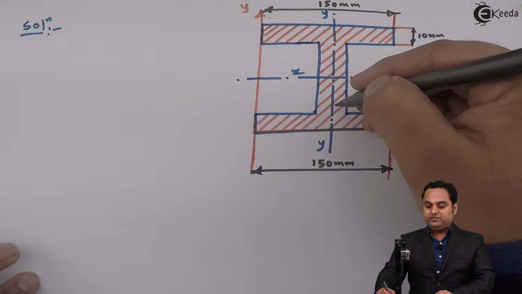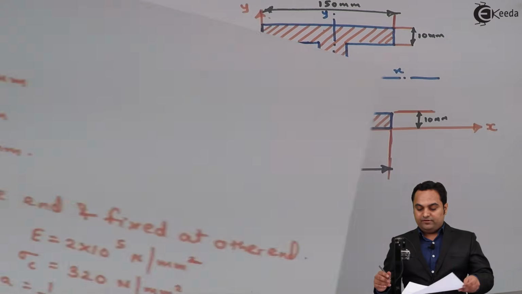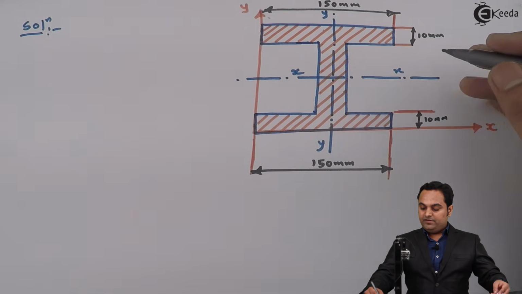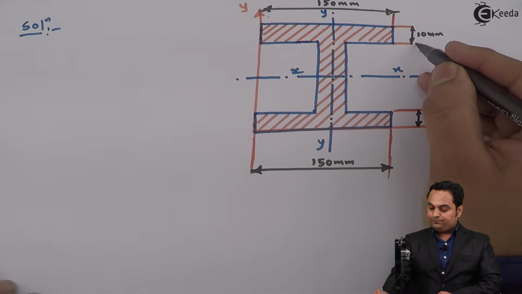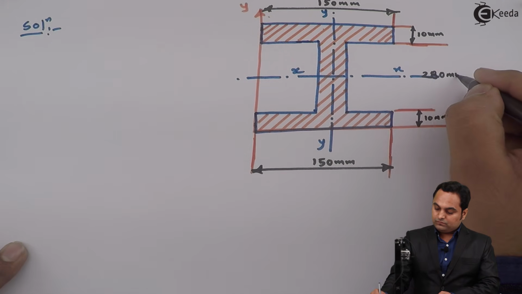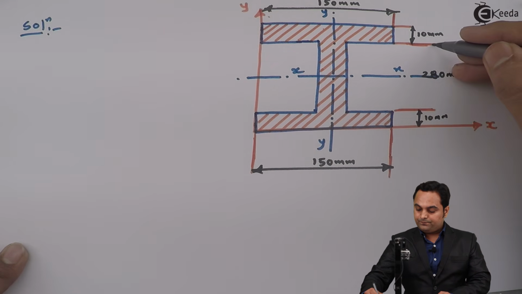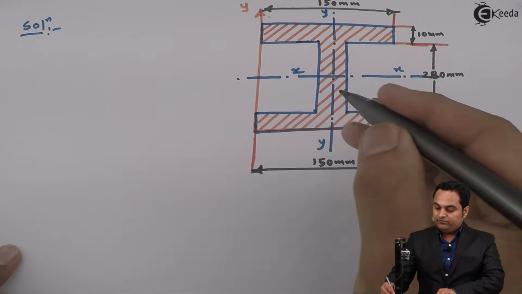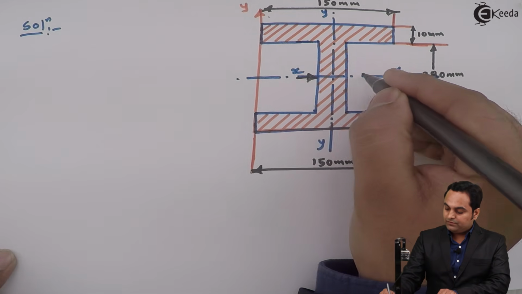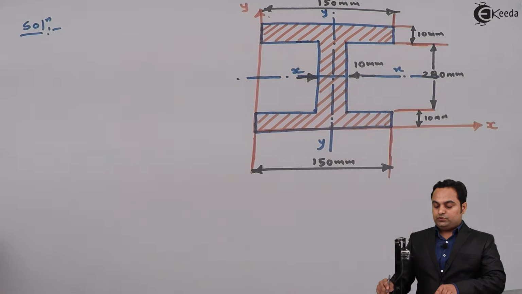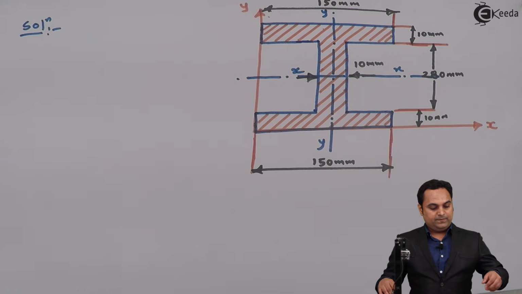Next, this central portion is called as a web, and for web the dimensions are 280 mm into 10 mm. So 280 mm is the depth of the web, and the width of the web is 10 mm. So here we complete the I section.